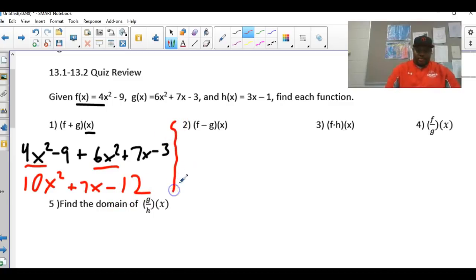Moving along, we have f minus g of x. How do we solve this one?